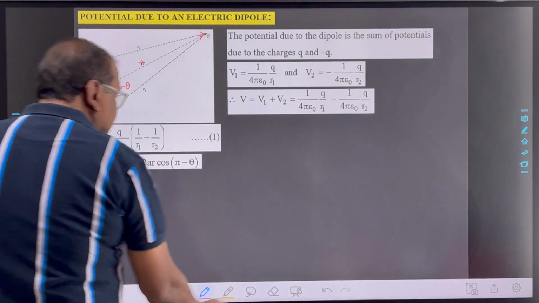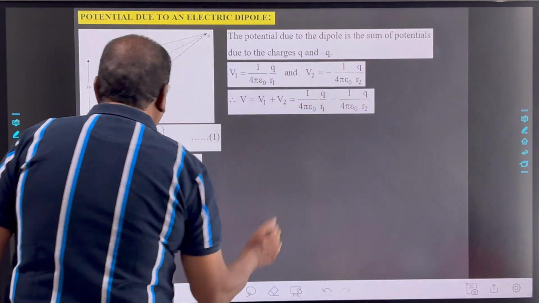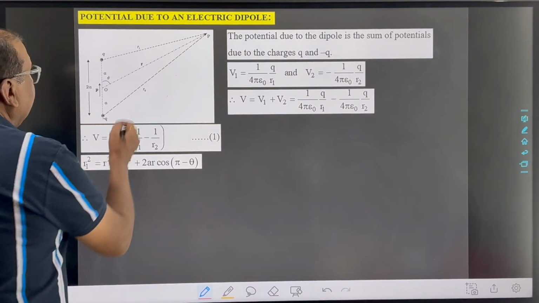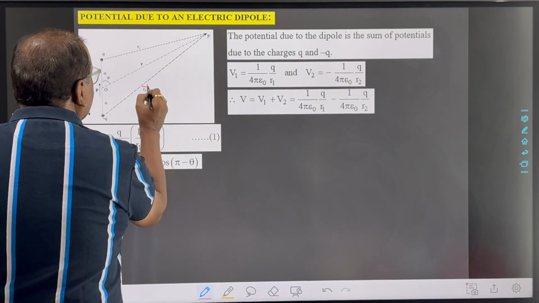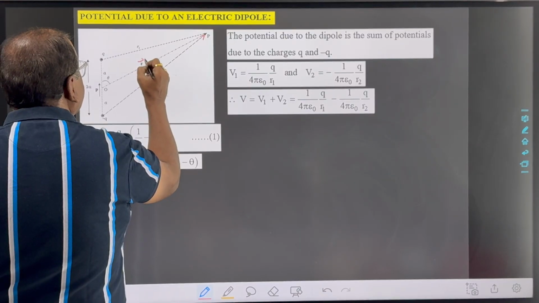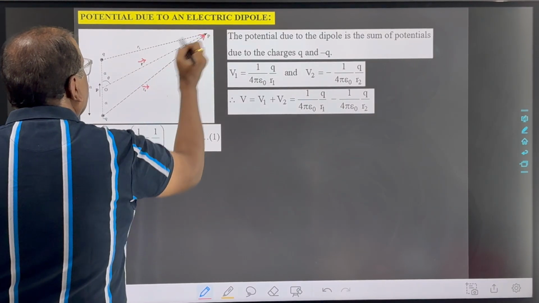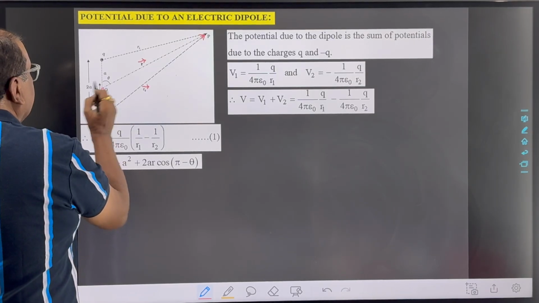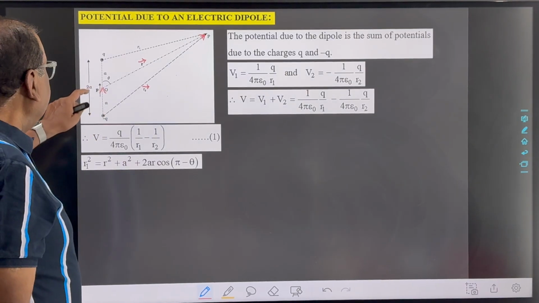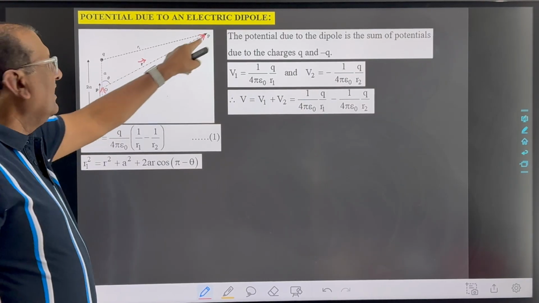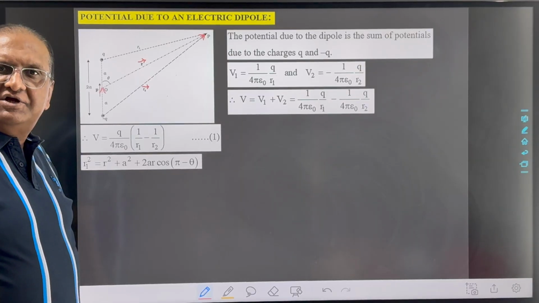Now similarly, suppose we think about R2. Vector R2 is like this, one is vector R, and this one is vector A, then vector A plus R is vector R2 as per the vector summation rule.